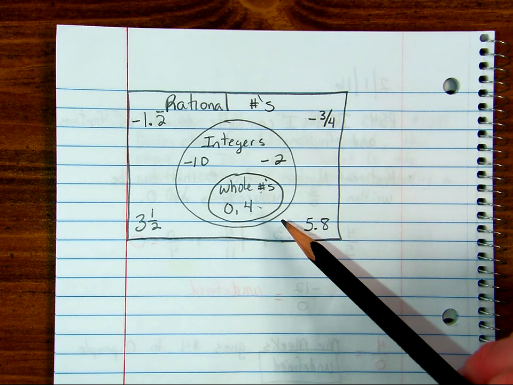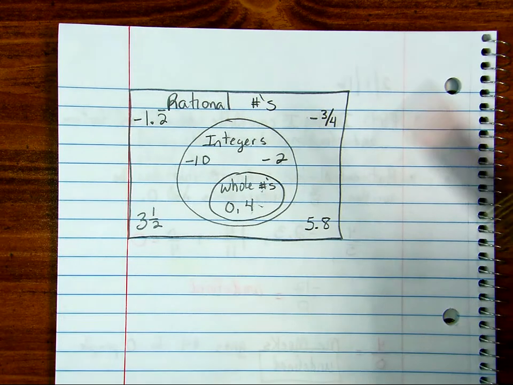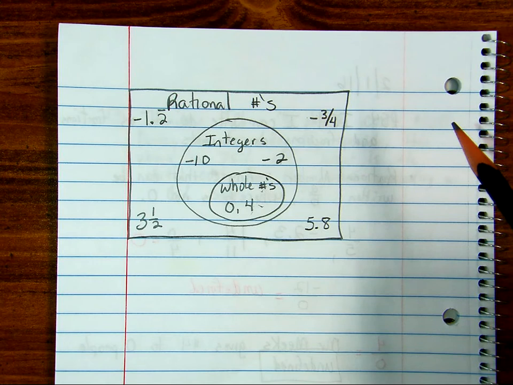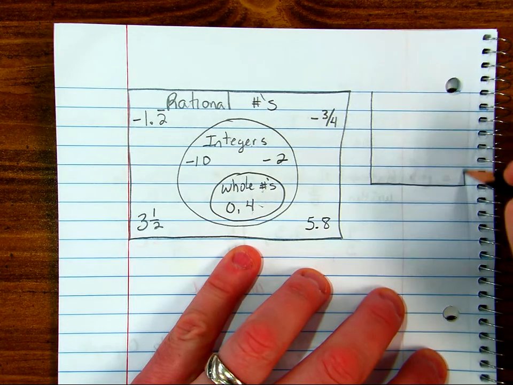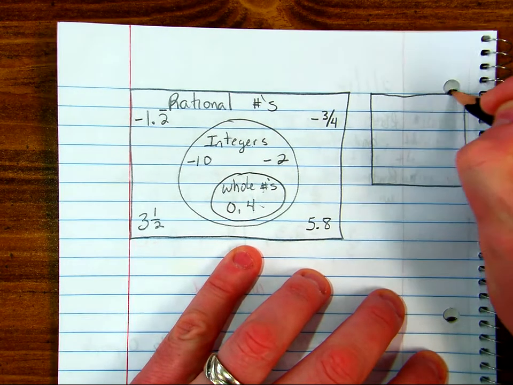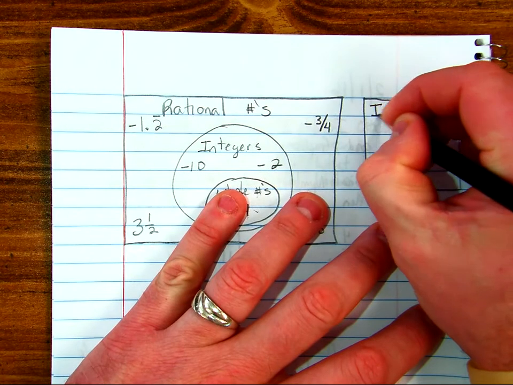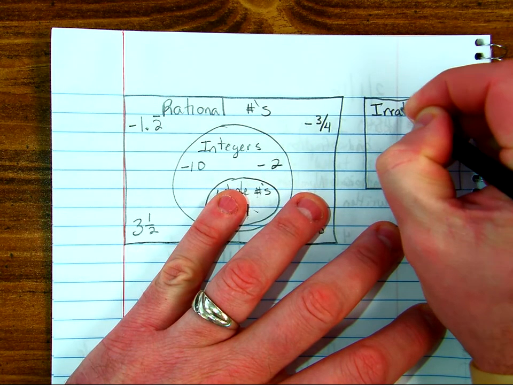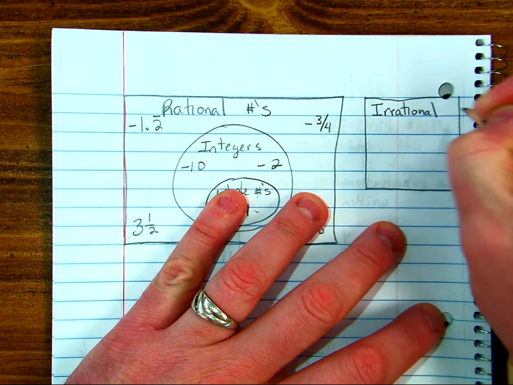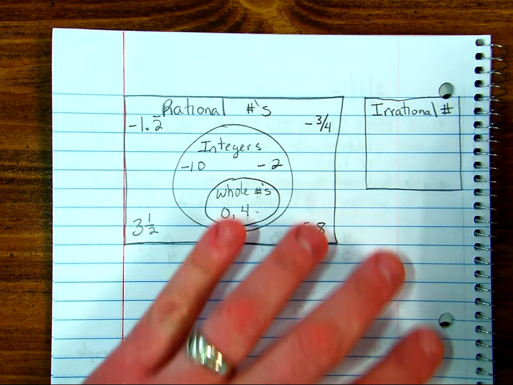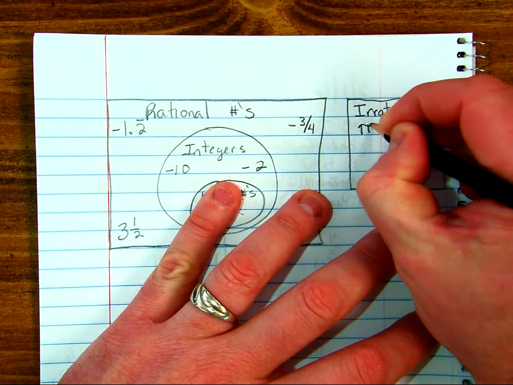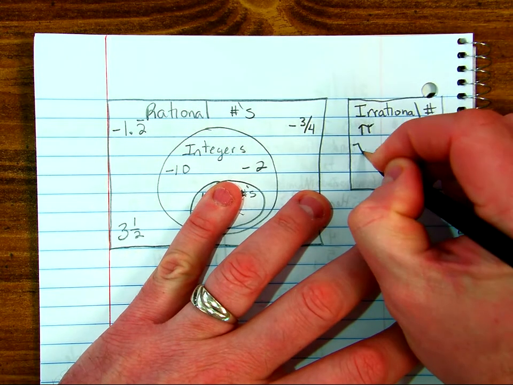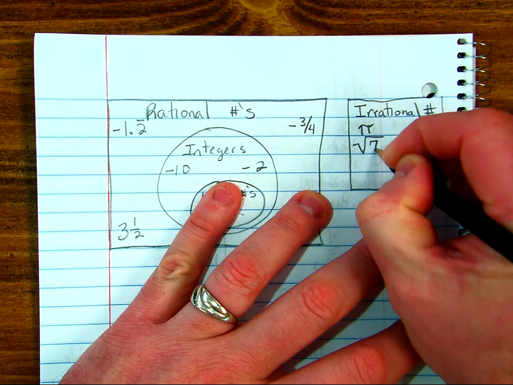And then you have the rational numbers. The other word, the inverse of a rational number, is an irrational number. An irrational number would be pi. Square root of 7.